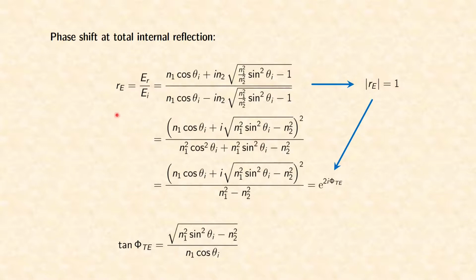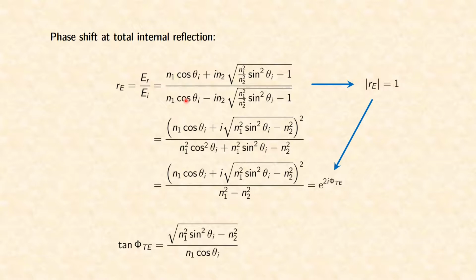Let us finally have a closer look on the amplitude reflection in case of total internal reflection. We already know that the intensity reflection must be 100%, of course, but the amplitude reflection factor is a little bit different. So we use the expression we just derived, but insert our expression for the cosine theta t at this point.